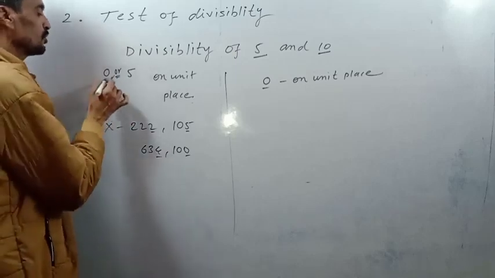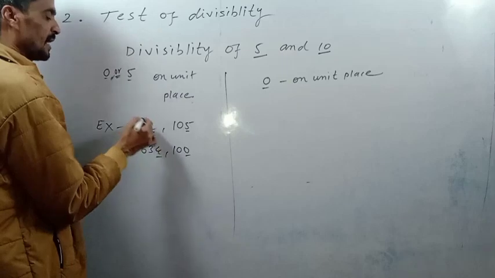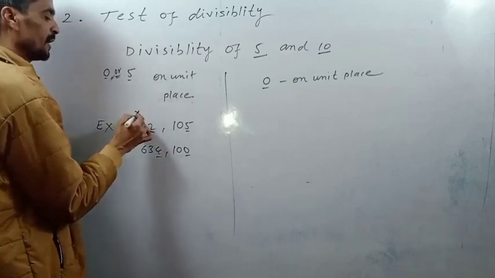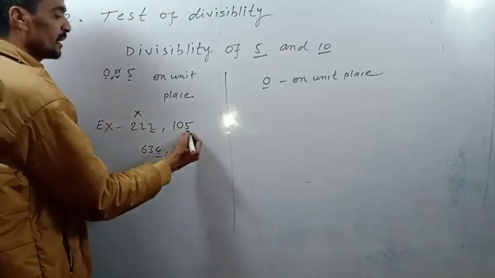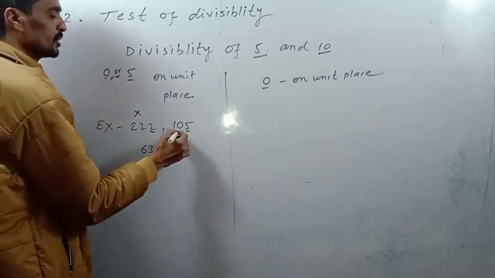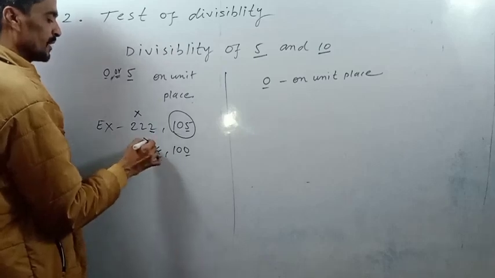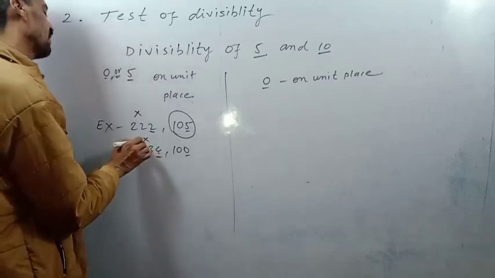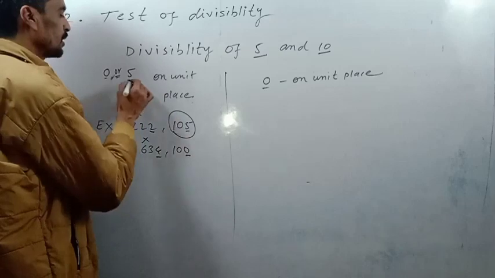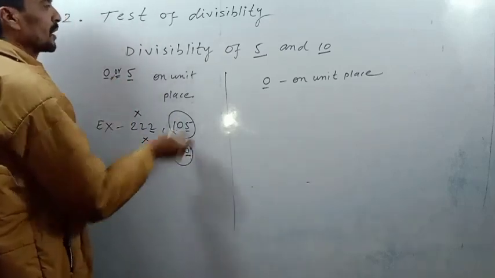What is needed on the unit place? 0 or 5. Here it is 2, that's why this number is not divisible by 5. Here it is 5, so this total number is divisible by 5. Here it is 4, that's why this number does not divide by 5. Here it is 0, so this total number is divisible by 5.